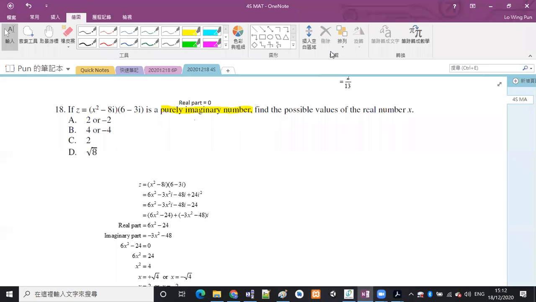If you have any questions you want me to talk about during the lesson, you may tell me. If no one wants me to talk about any questions, then I will just continue to talk about this multiple choice paper. If you have no more problems, then that is the end of this lesson, and you may leave now.